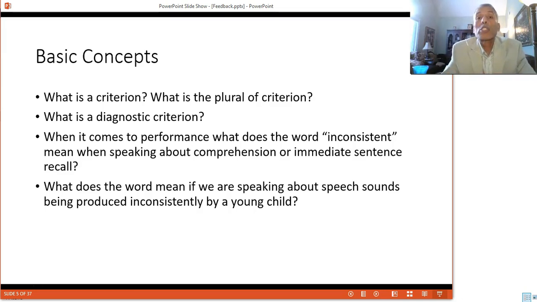Inconsistency when it comes to sound production, that is a good thing. It means if the person can say the sound in a particular context, then they will eventually say it in the rest of the contexts. But it means also that the sound is emerging. So you understand the same word differently based on what kind of area of language or speech you are dealing with.